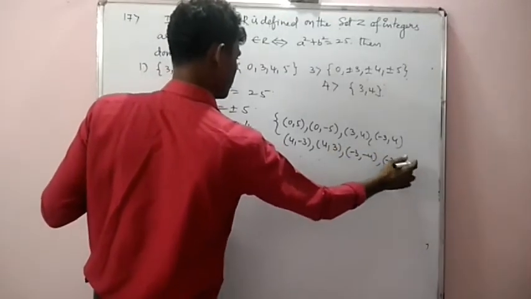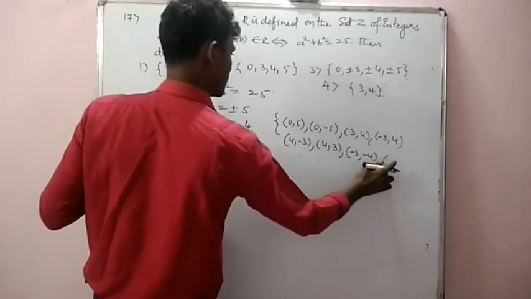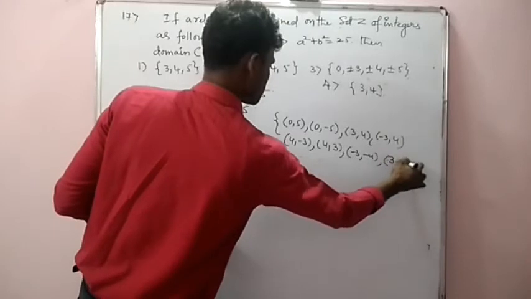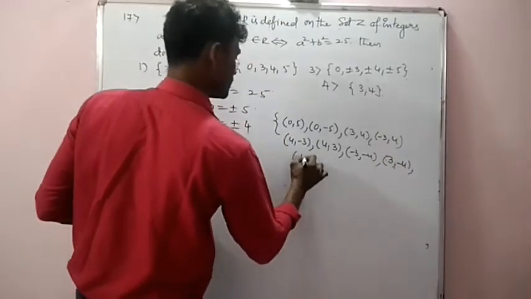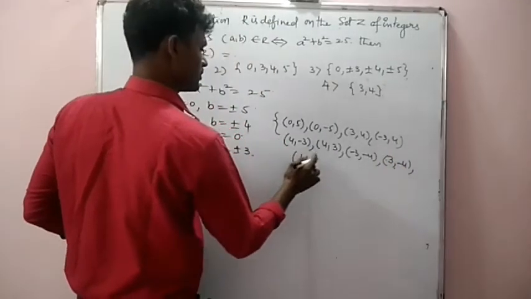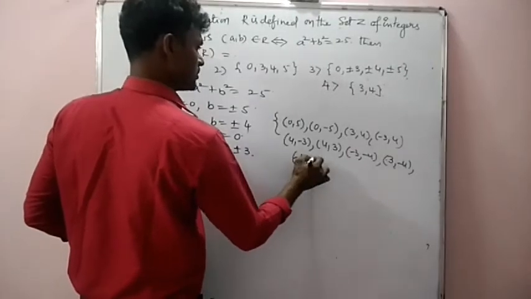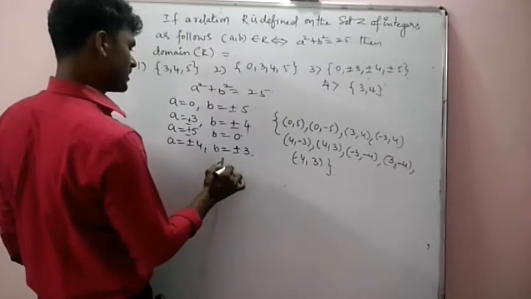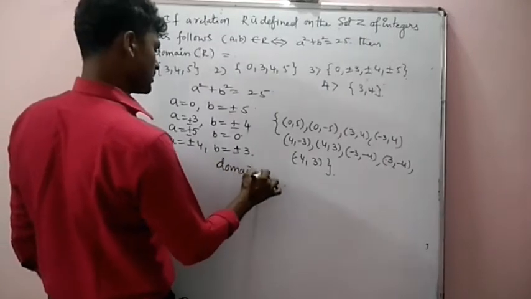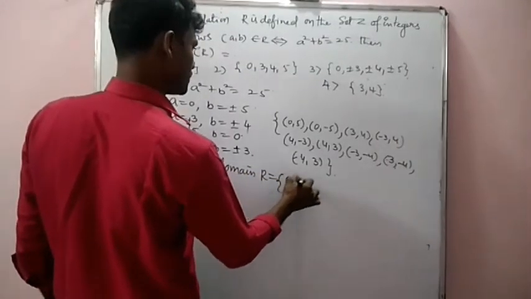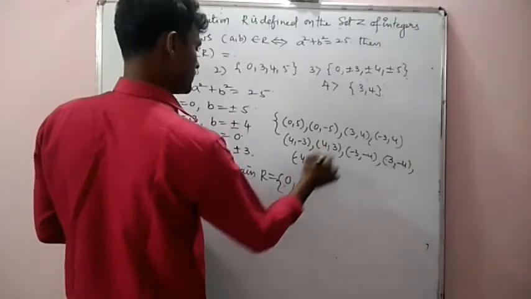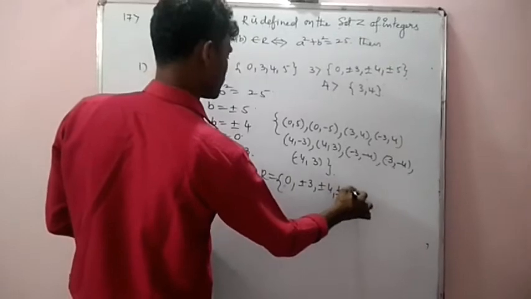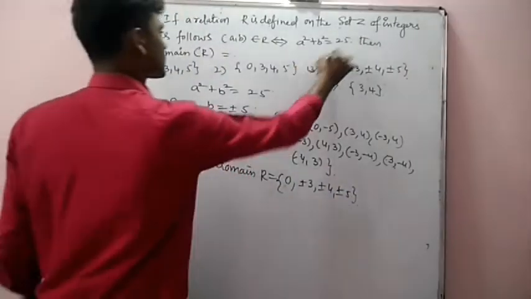But anyway here domain of R is equal to 0, plus or minus 3, plus or minus 4, plus or minus 5. This is the third option.